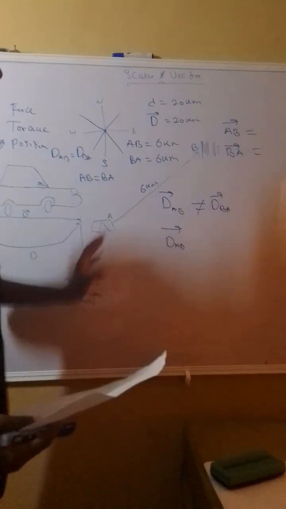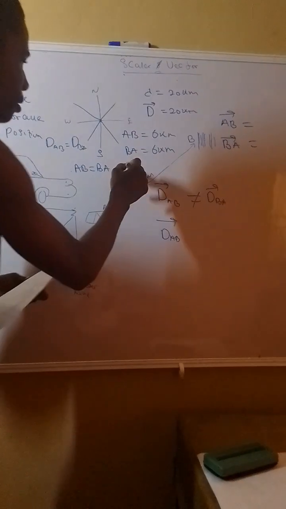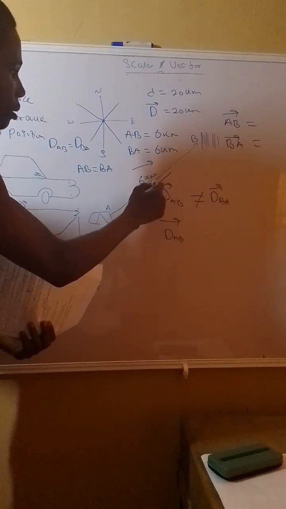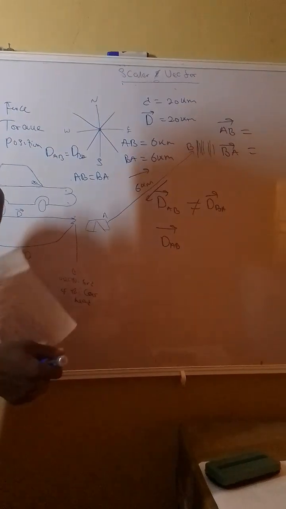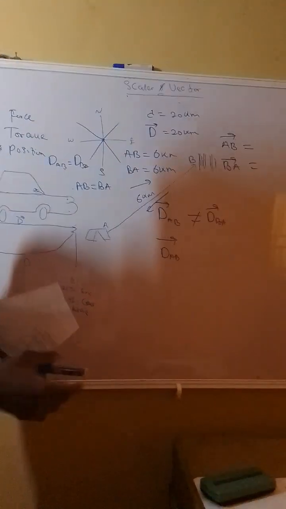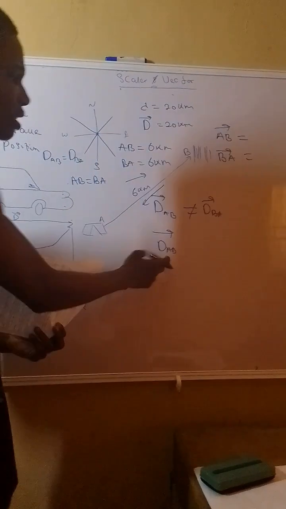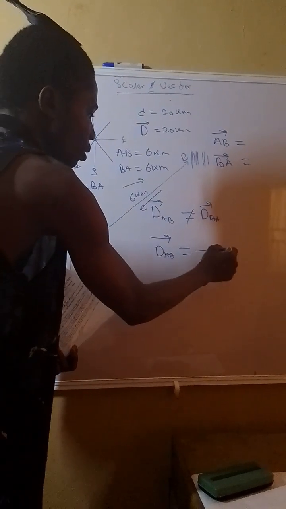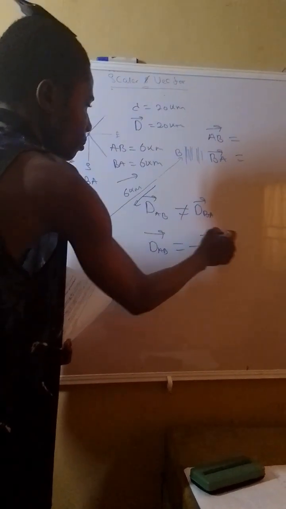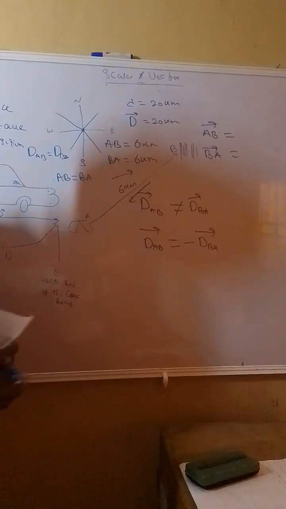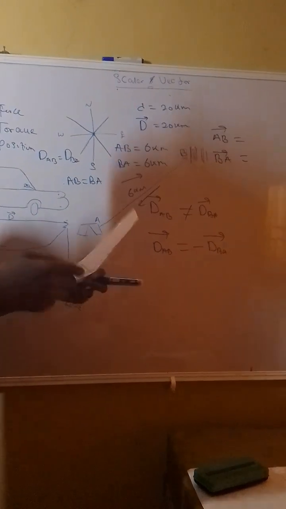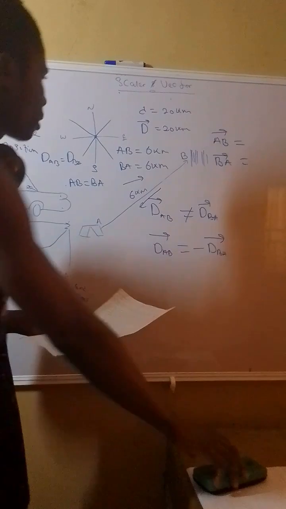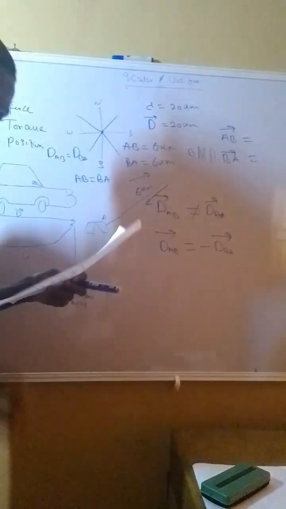From A to B the movement is like this, then coming back again, the movement is in a different direction. So you can easily say that the velocity AB is equal to the negative of BA. This is acceptable and this is correct. Are you with me?